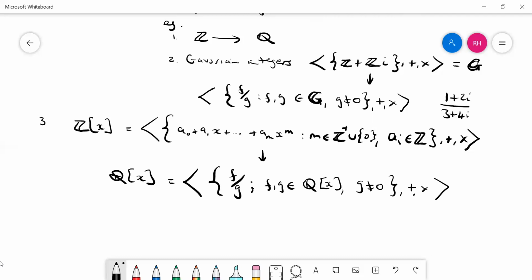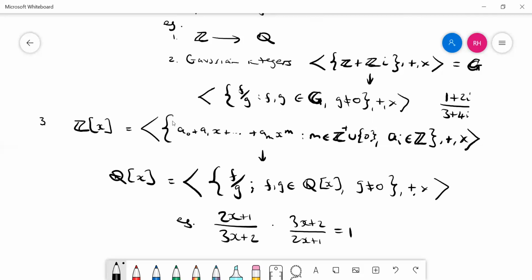So this is a quotient field, Q(x). Here I'm thinking of an example, 2x plus 1 on 3x plus 2. In particular, this has a multiplicative inverse, because we know that if we multiply it by its reciprocal, we get 1.